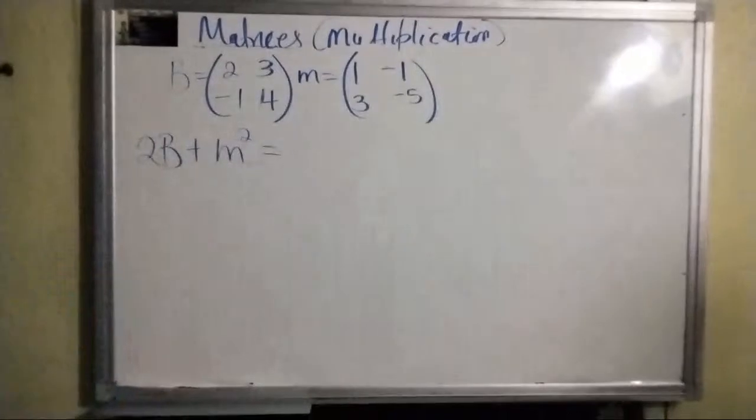So I want you guys to find 2b plus m squared. Go ahead and do that one. So guys, go ahead. 2b plus m squared.